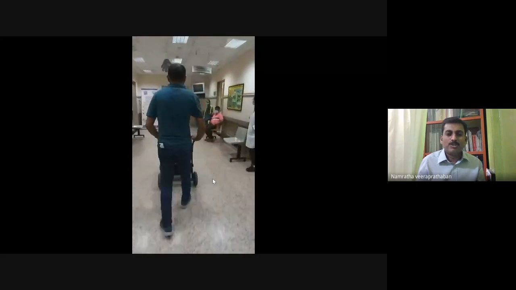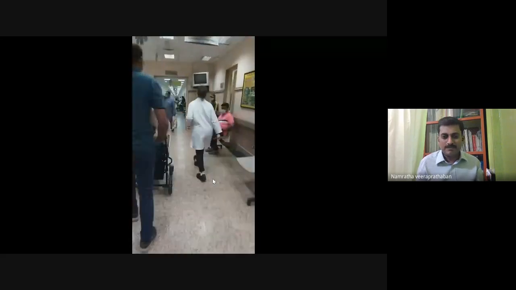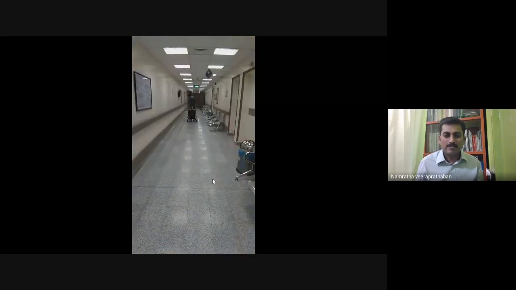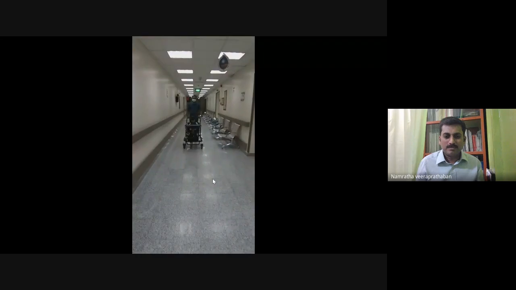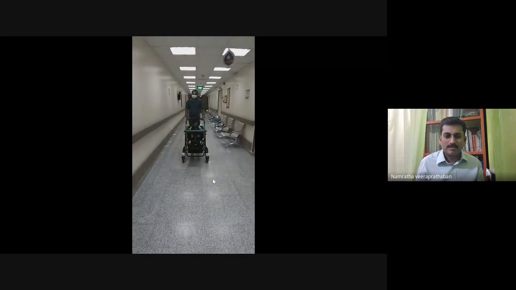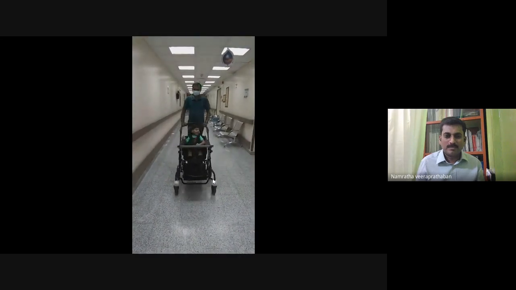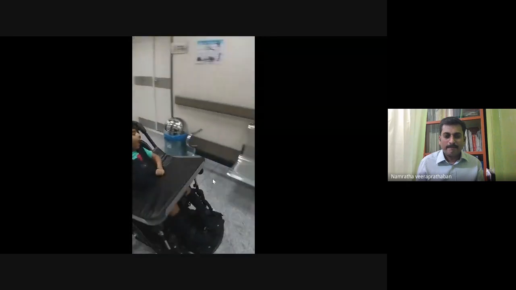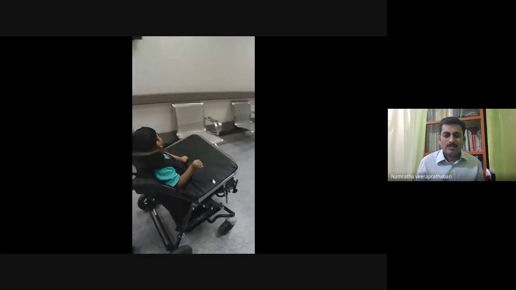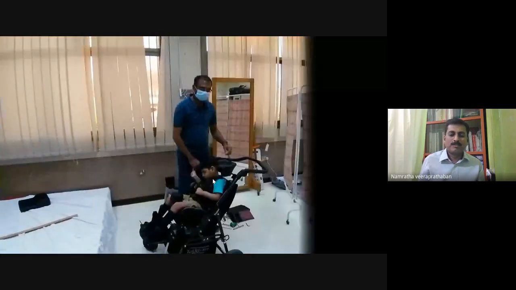Look how he is going to interact with the environment, how he is going to explore his own environment. Look at his posture. Look at the accessories, the seating system and everything.